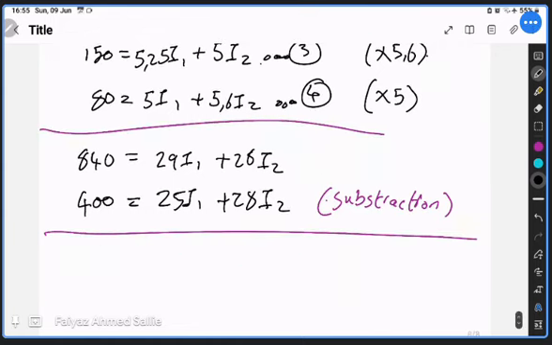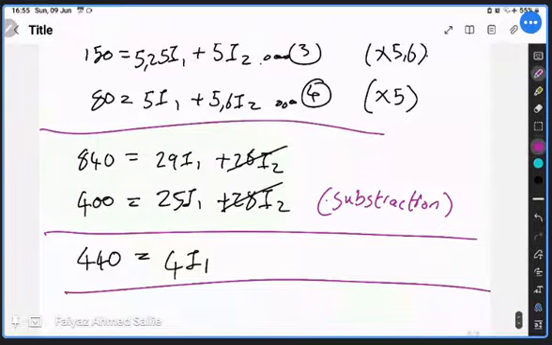So 840 minus 400, we have an answer of 440. And then we do it again with the next values, which is 29 minus 25, and we get an answer of 4 I1. And then we do it on the other side: 28 minus 28, we have 0. And we can use this now to solve for I1.